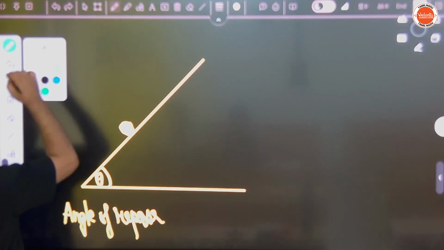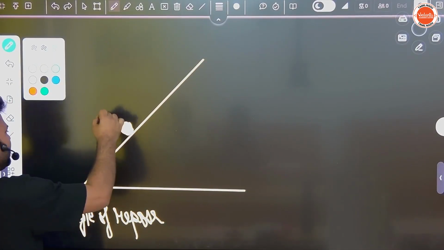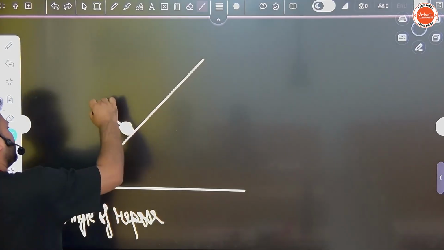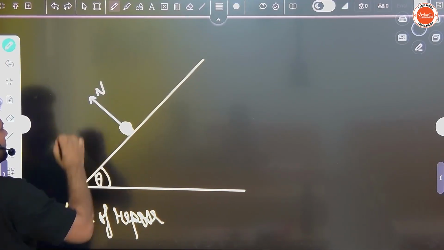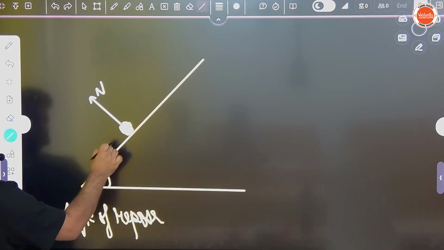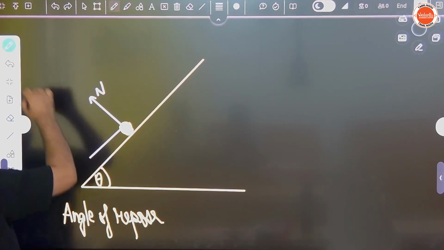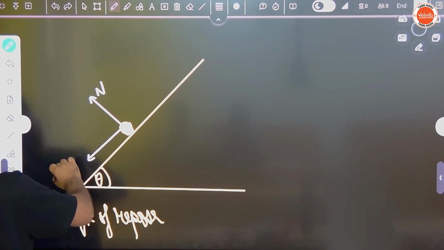See, what are the forces acting on this ball? One is normal. This side mg sin theta. We all know, we have studied this. You can see the lectures also.